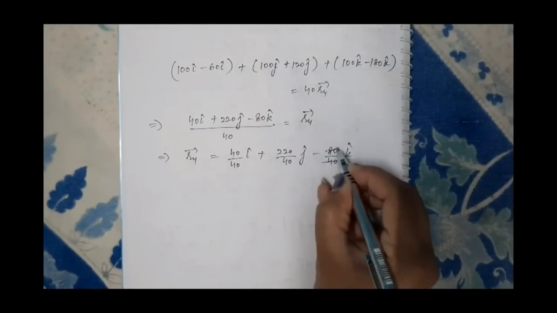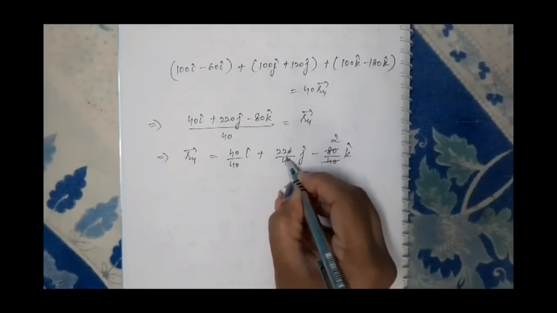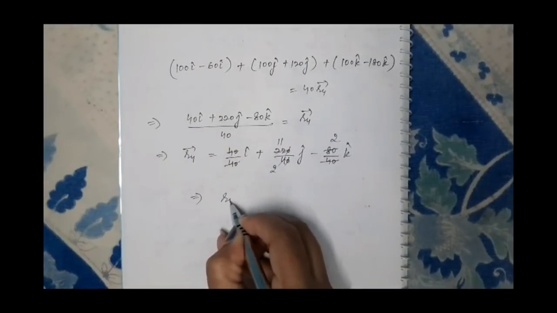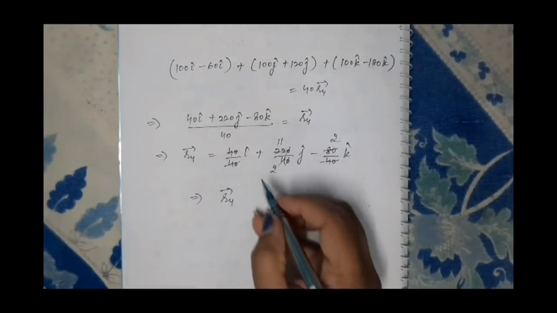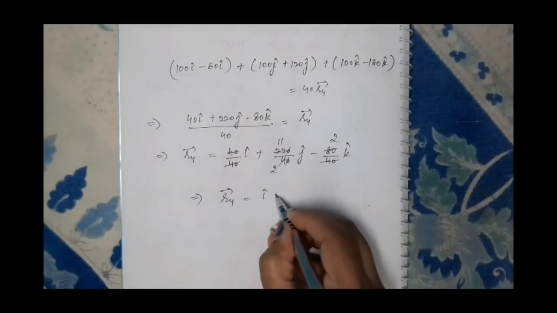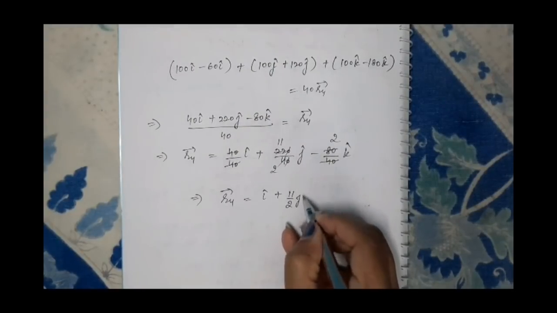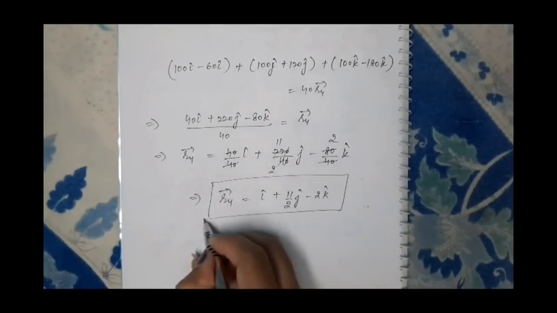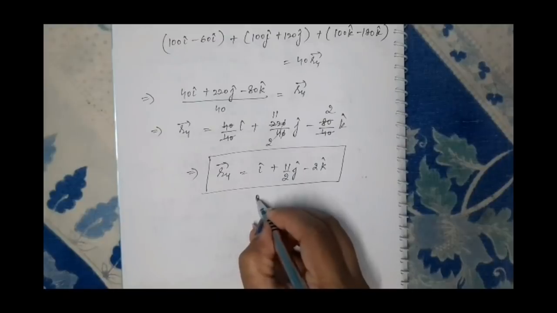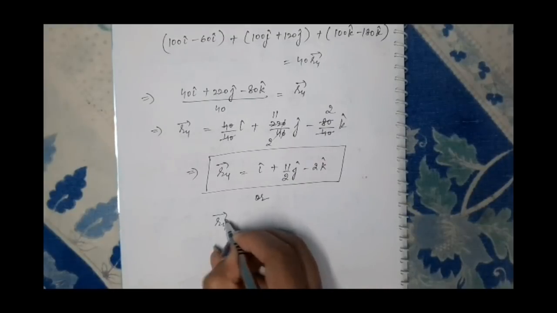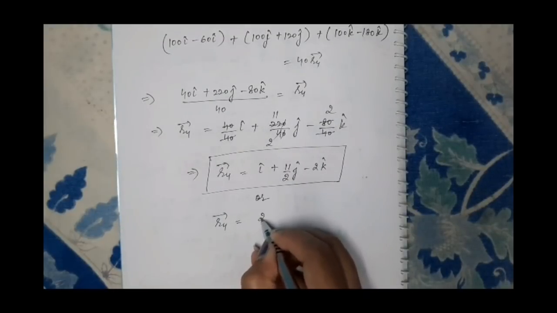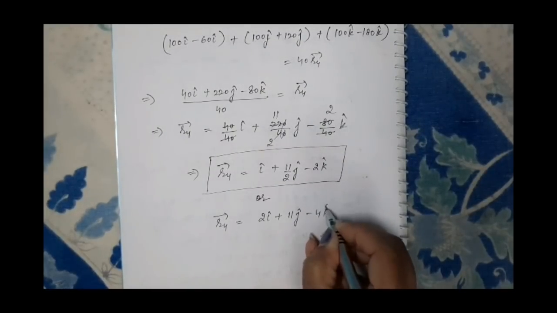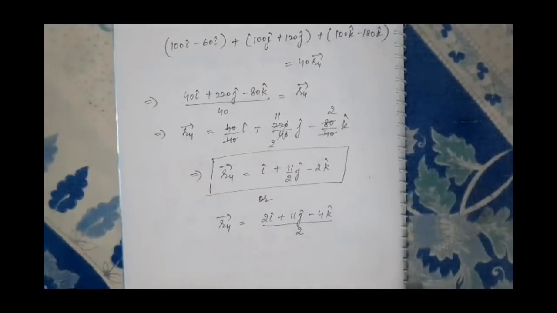That is, the R4 vector, the position vector of the 40 gram mass, will be i cap plus 11 by 2 j cap minus 2 k cap. Or you can also take its LCM, so it can be written as 2 i cap plus 11 j cap minus 4 k cap divided by 2. So these are the two answers.